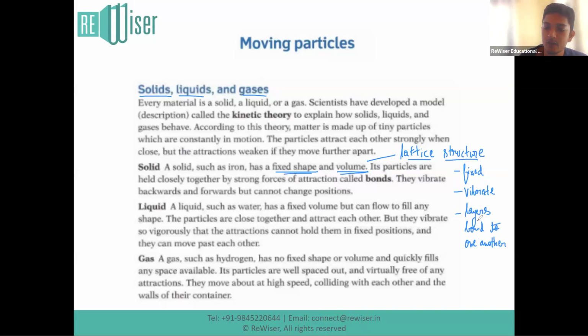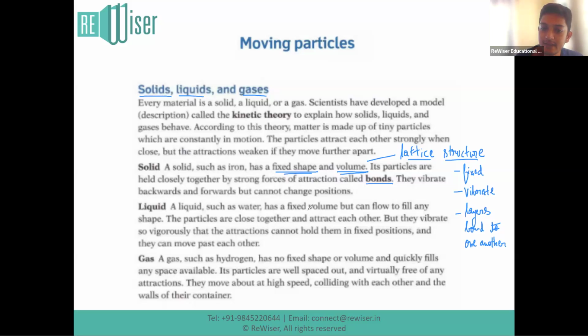The layers are bonded to one another through chemical bonds. For example, in water, which isn't a solid but a liquid, the weak van der Waals force acts as the bonding for the layers. Sorry.